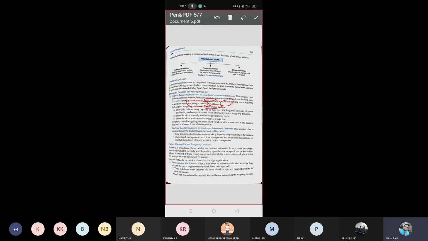We need to be very careful. Therefore, capital budgeting decisions must be taken with utmost care. A bad decision may lead to adverse financial consequences. If we do a wrong calculation, definitely it will affect our business.